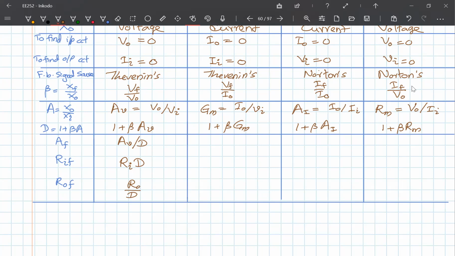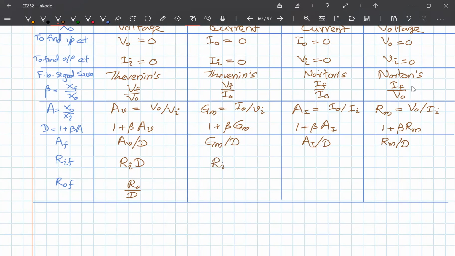For the transconductance amplifier, with feedback, the gain will be reduced. Obviously the gain values will be reduced with feedback, so G_M is also divided by D. Whereas for the input impedance, the input is a voltage, so it will be increased.